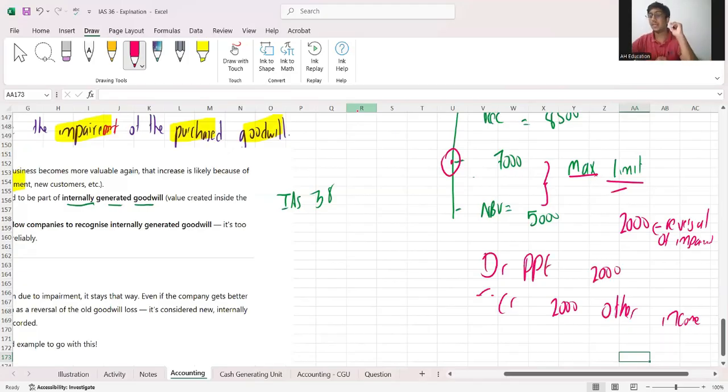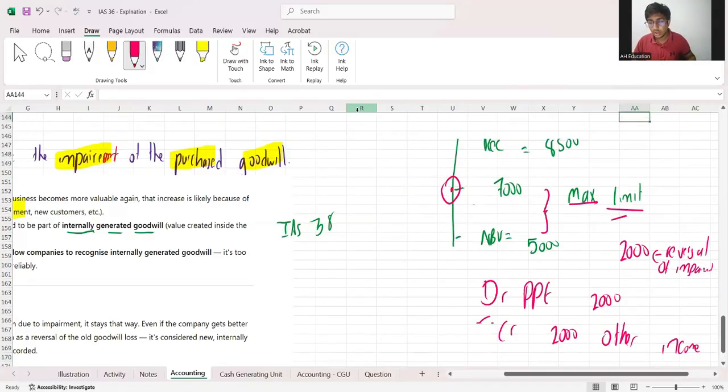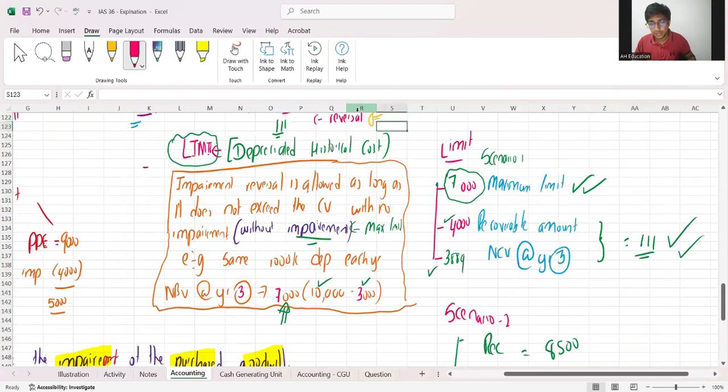Okay. In summary, what you need to know, if it's a reversal of impairment, you are allowed only to reverse until your maximum limit. How do I find out my maximum limit? It is your carrying value without impairment.